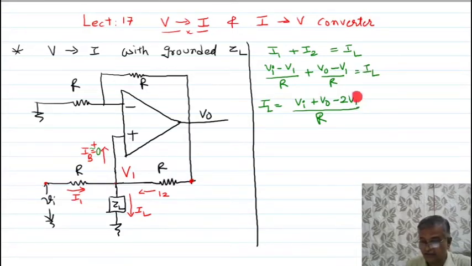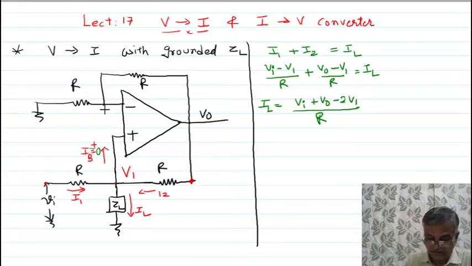Now what is the value of 2V1? This potential is the same as this potential, because the voltage drop between the two input terminals of the op-amp tends to 0. We already know this, due to the very high input impedance.